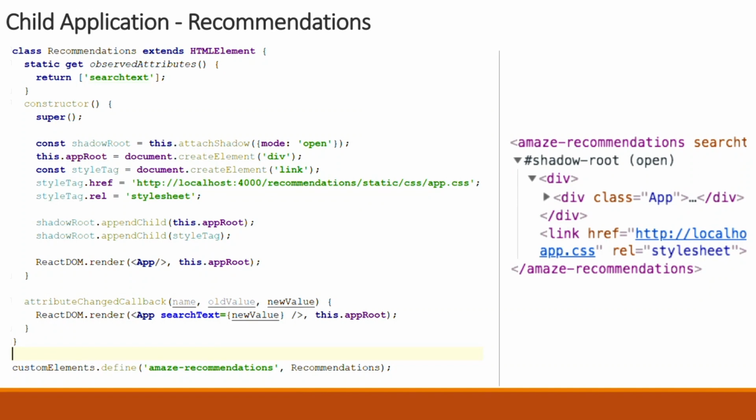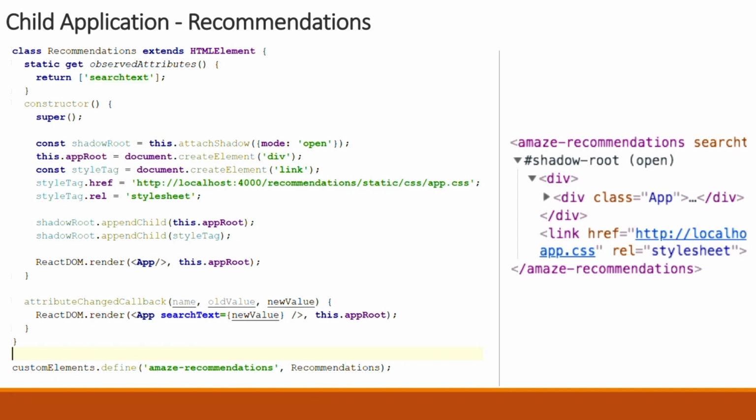Similar syntax, class Recommendation extends HTMLElement, and you can look at the right hand side. This is how the console looks. Inside recommendation you have a shadow root. I have added a code, this.attachShadow mode open, and within that we have some container and a style sheet. I'm just creating a tag for importing the style sheet.